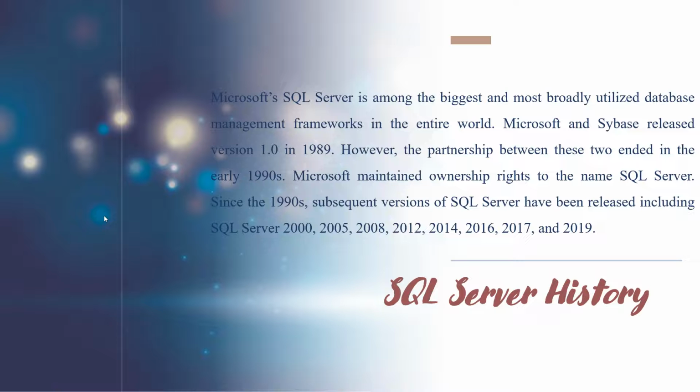It is purely designed from Sybase, but it was separated from Sybase in 1990 and the partnership completely broke down. So which year did Microsoft release SQL Server? In 1989 with version 1.0.